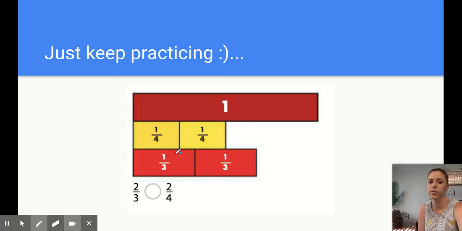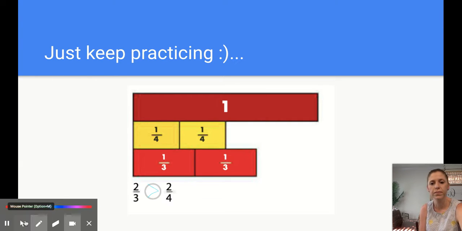So I can either think to myself, which fraction is closest to 1 whole, or I can compare these two fraction strips together, and I can see that my 2/3 is further along than my 2/4. I can also think to myself, 2 is closer to 3 than it is to 4. So 2/3 is greater than 2/4.